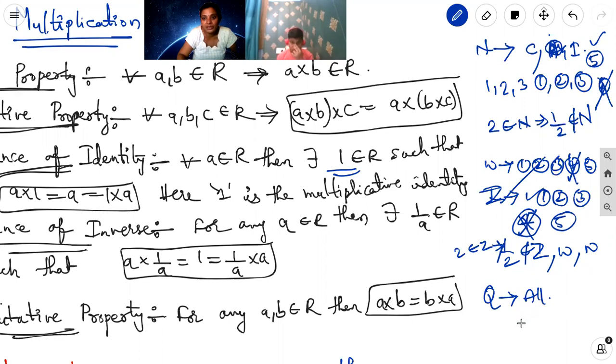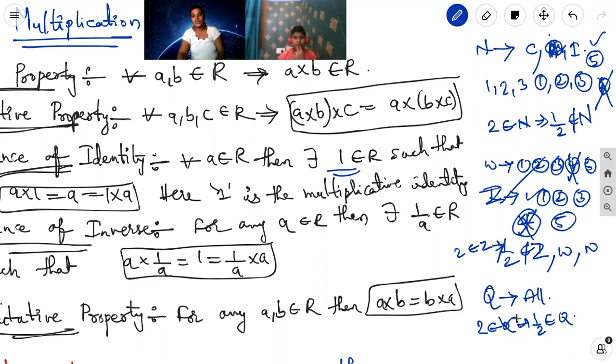Why? Because if 2 belongs to Q, then 1 by 2 is also an element of Q. This is the concept under multiplication.